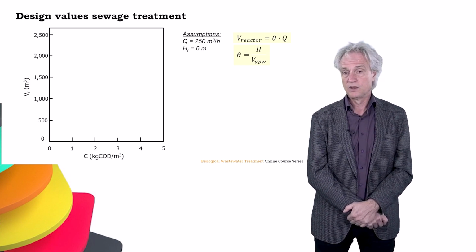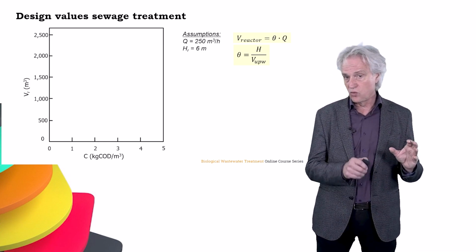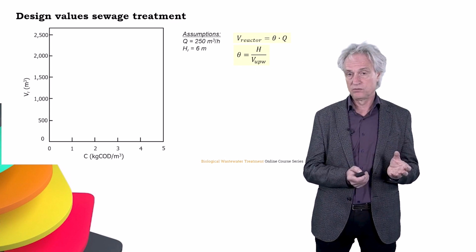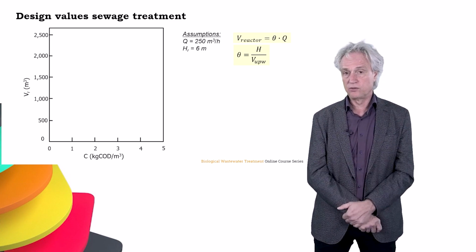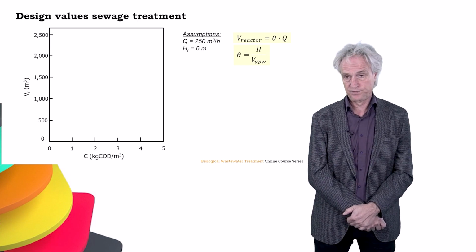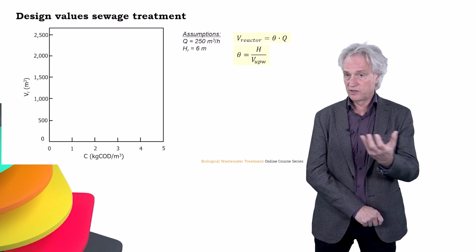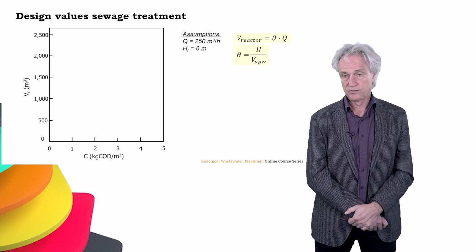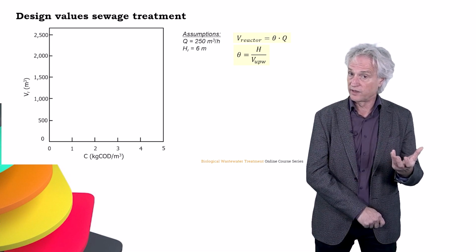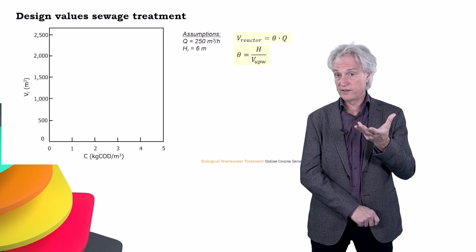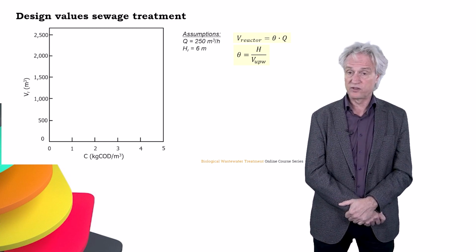Now assume that the flow is 250 cubic meter per hour, and the height of the reactor is, let's say, 6 meters. The volume of the reactor is the retention time times the flow rate Q, in which the retention time is the height of the reactor divided by the upward velocity.